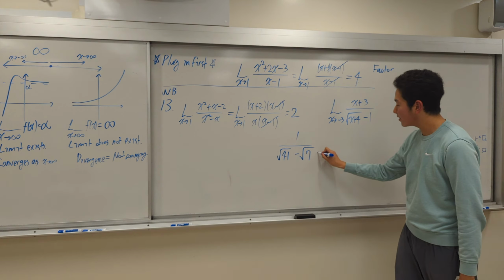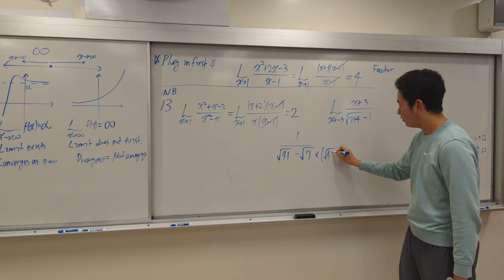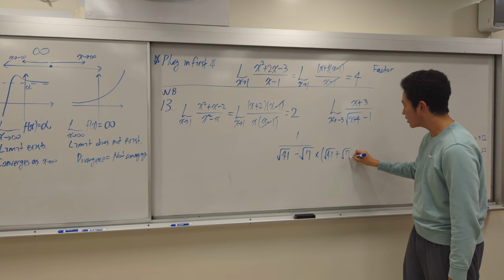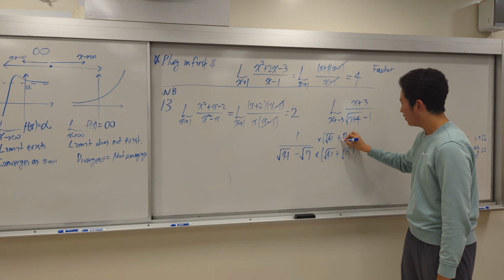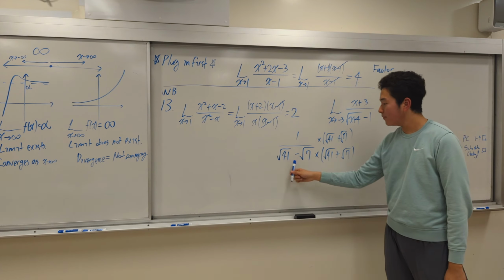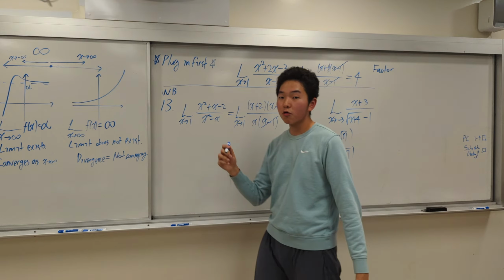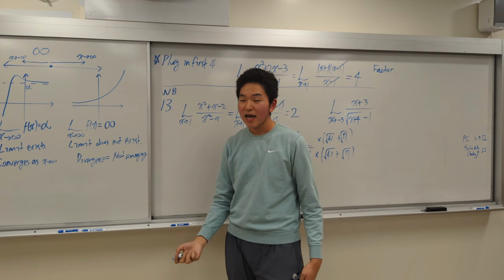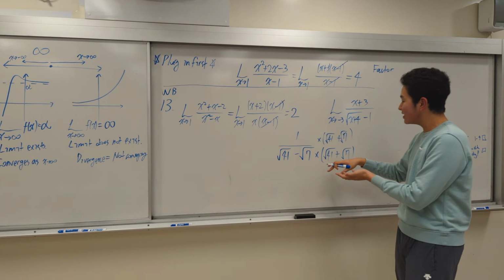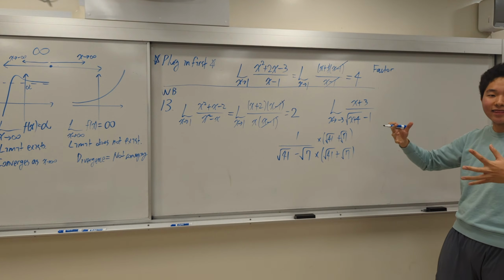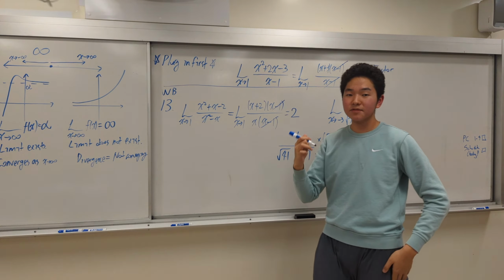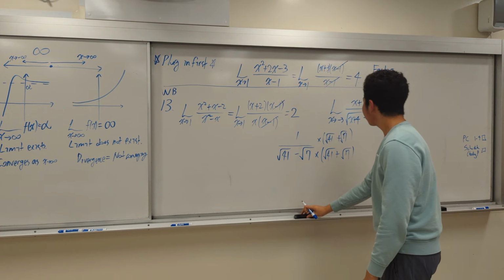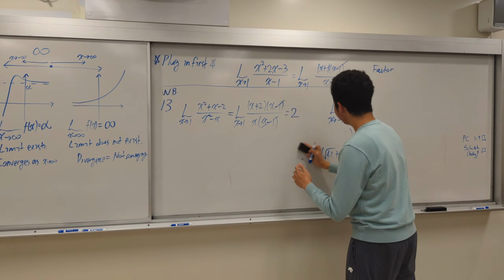You multiply the conjugate, right? With the sign opposite. Why do you multiply by the conjugate on both the numerator and the denominator? Because a minus b times a plus b, what's that? A squared minus b squared, right? If you want to get rid of the square root, you have to square that thing. But the easiest way to do that is to multiply the conjugate and use the difference of squares law, right? So we're going to apply that exact same principle here.